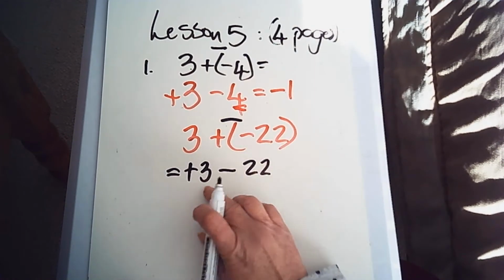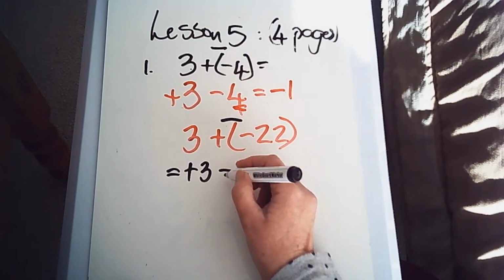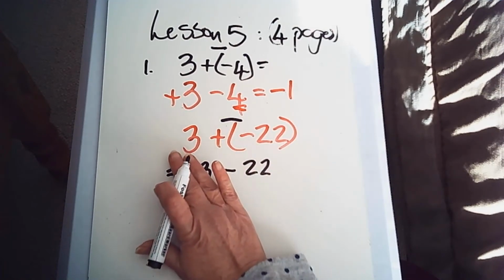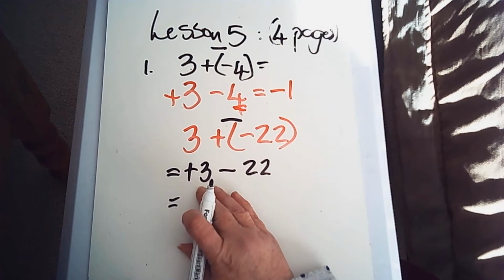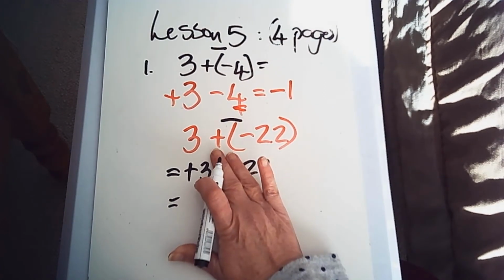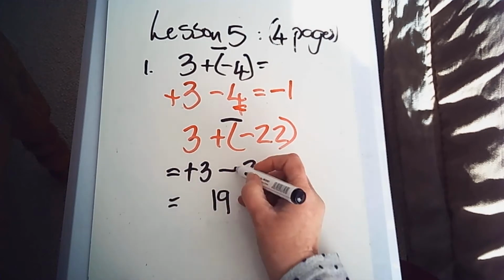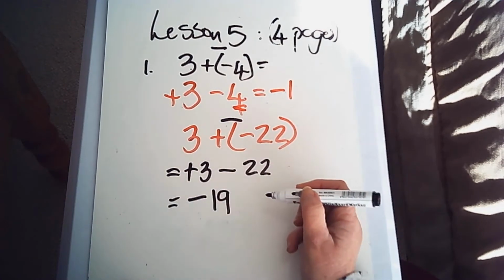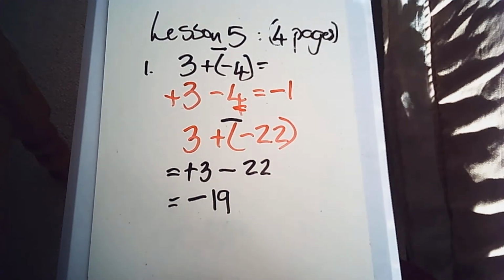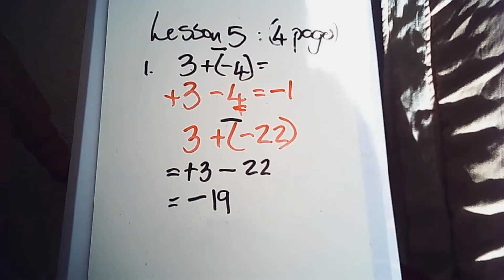Because they are different signs, I can say, right, find the difference. Cover the signs. What is 22 minus 3? It's going to give me 19. Which digit is bigger? The 22, and it's got a negative. So negative 19. Okay. Right, let's have a look at the next one.